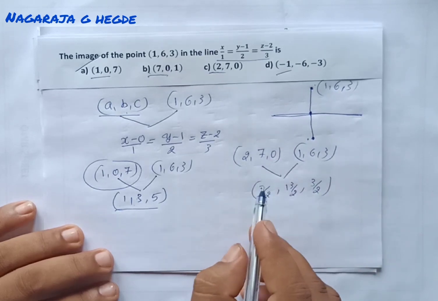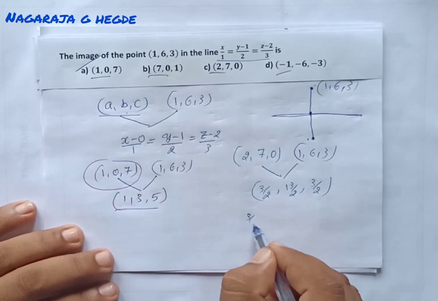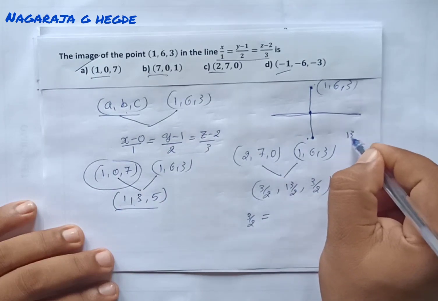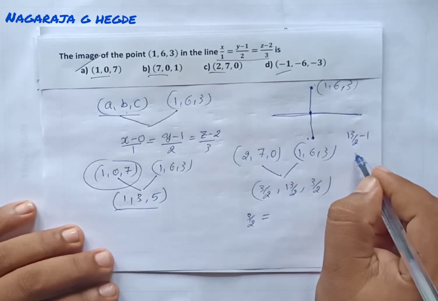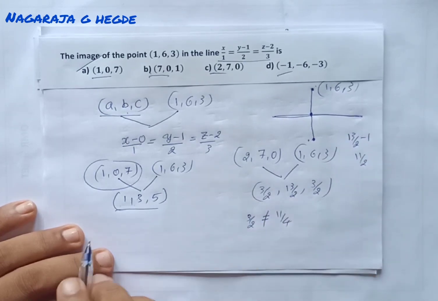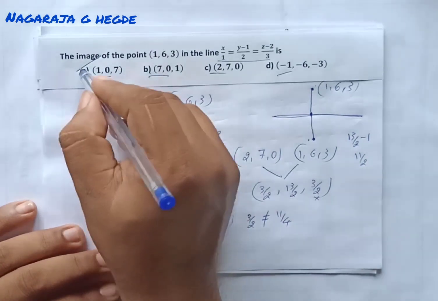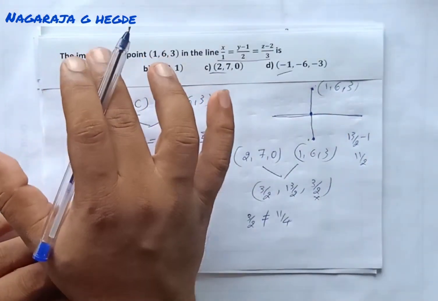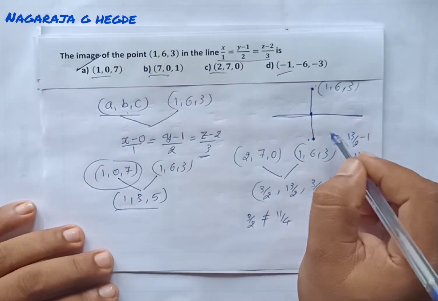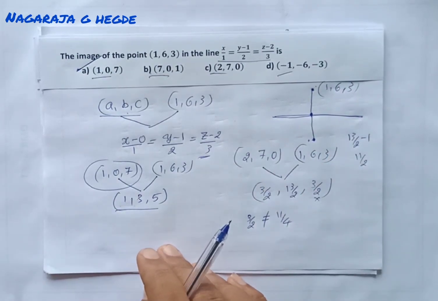Now substitute in place of x: 3 by 2 minus 0, 3 by 2 by 1, 3 by 2 we are getting, equal to (13 by 2 minus 1) divided by 2. 13 by 2 minus 1 is 11 by 2, divided by 2, 11 by 4. This is not equal. Then no need to go for the z coordinate. Actually, if you get one answer like this, then that itself is the answer. There will not be another point where the midpoint lies on the line. That's not possible. So with one answer only we are getting the correct one.